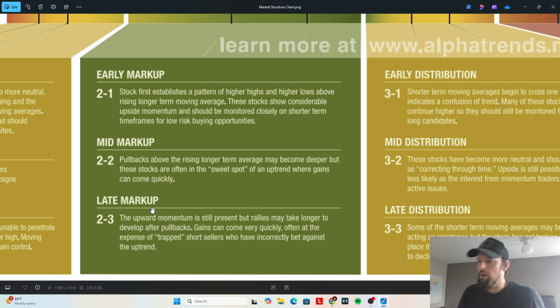In the late markup, the upward momentum is still present, but rallies may take longer to develop after pullbacks. Gains can come very quickly, often at the expense of trapped short sellers who have incorrectly bet against the trend. So remember, the short sellers already had success at pushing the trend down. They look at the accumulation phase as just a little battle between the buyers and the sellers.